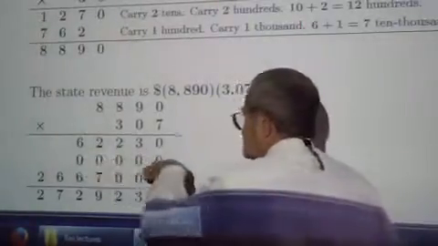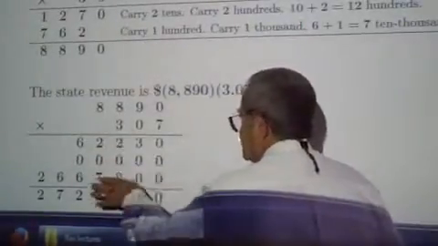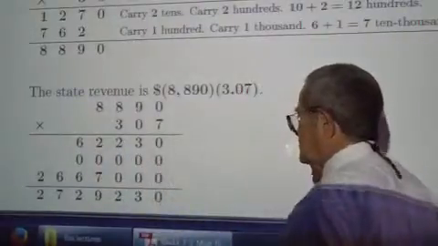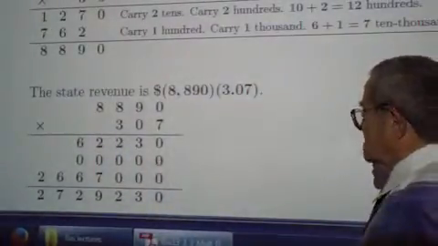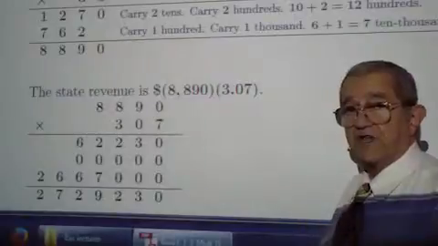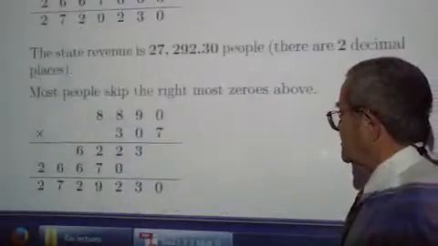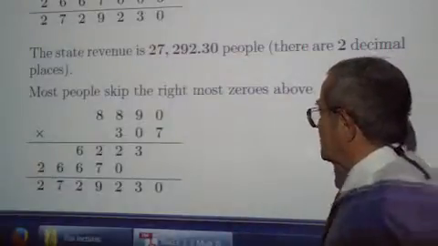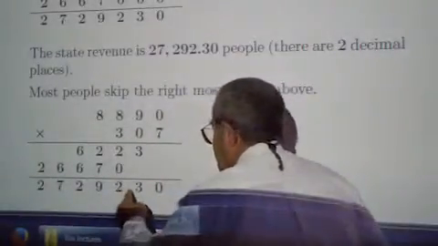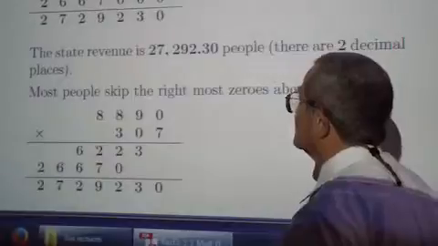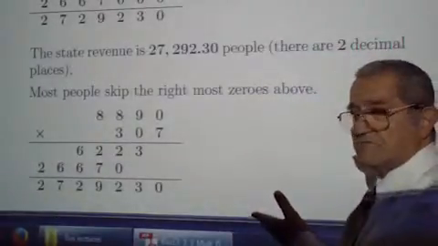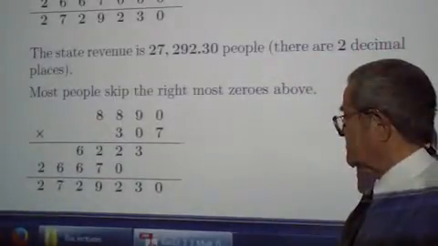This line of zeros you don't really need, so you can move the third row up one to the second row. And I think I'm showing you this in the next step. Right here. Again, the decimal point should be right here. So nothing new here, nothing really new.